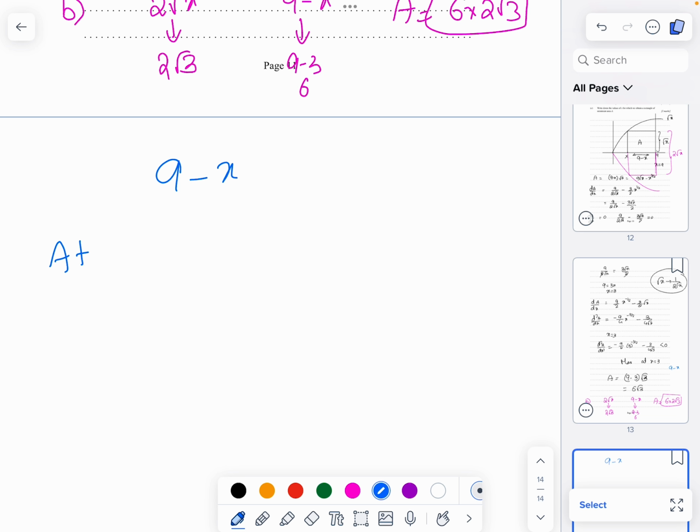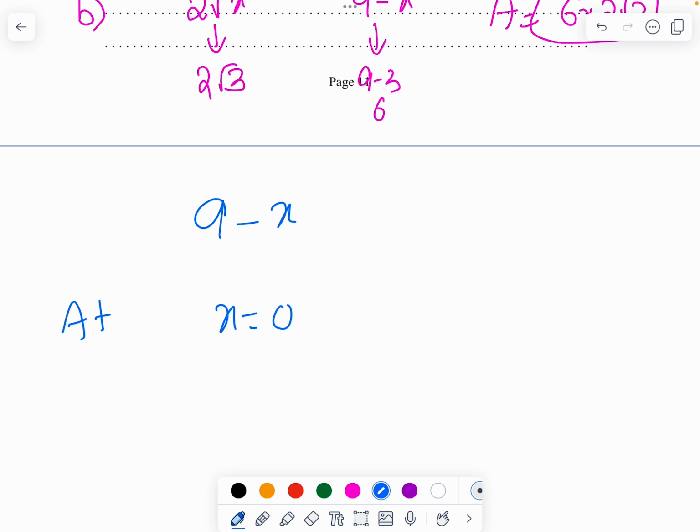At x equals 0 and x equals 9, the area is going to be minimum. That area is going to be 0.